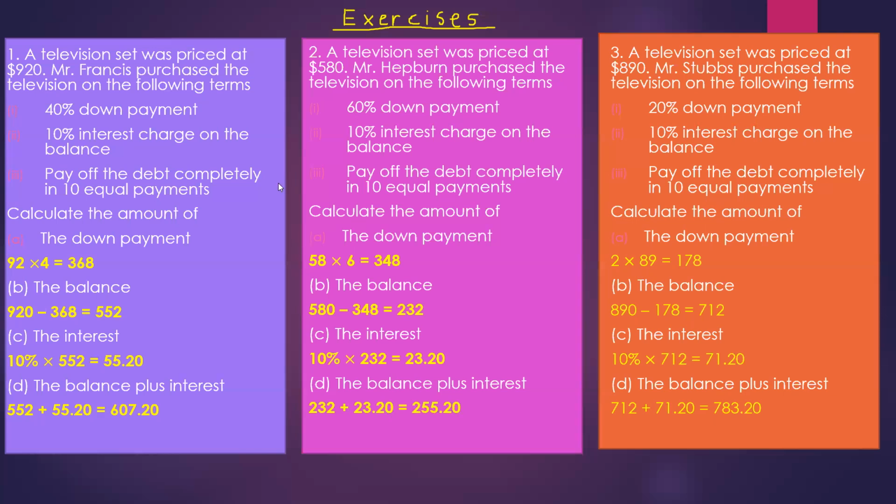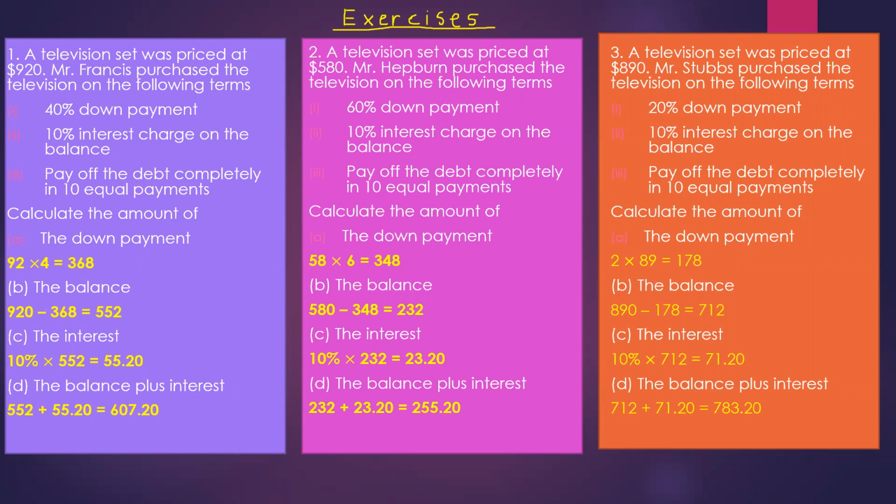Caleb, can you explain number 3, the third exercise? Number 3 says the television set is priced at $890. Mrs. Stubbs purchased the television on the following terms: 20% down payment, 10% interest charge on the balance, pay off the debt completely in 10 equal parts.